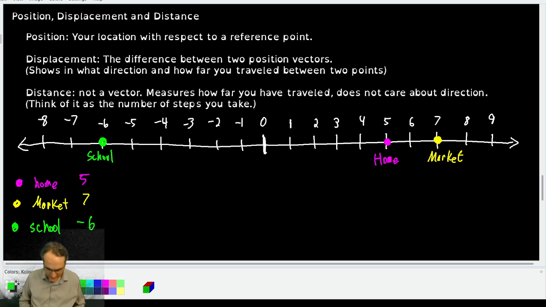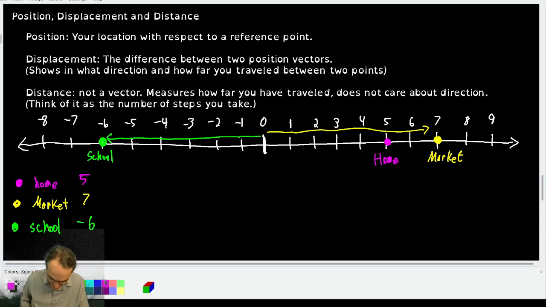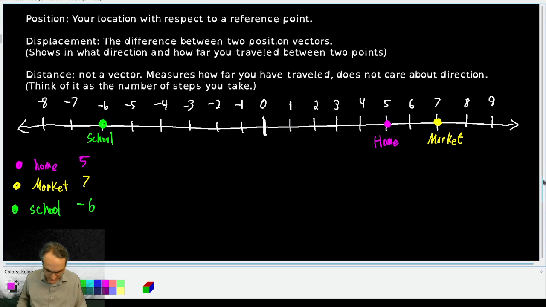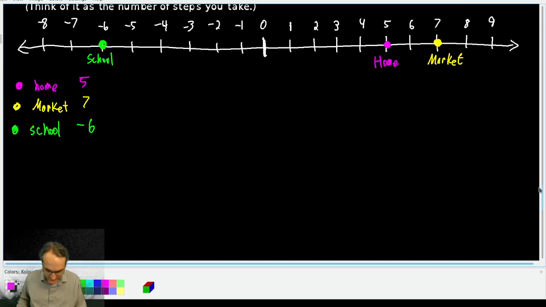So if we're trying to find the position of each of these, we would have to draw these position vectors that show you how to go from 0 to wherever each of these objects or locations are. Okay, so those would be position vectors. We're not actually going to really use the position vectors right at the moment because we're going to try a few different problems and we're going to look at what is the distance versus the displacement for a few different cases.